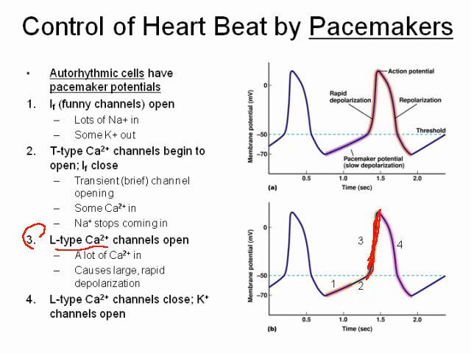This is due to the L-type calcium channel, L for large, because the conductance, that is the amount of flow of ions through these channels, is large. So a lot of calcium is going to come in through the L-type calcium channel. And again, this is phase 3 that we're showing here. This is going to cause a large, rapid depolarization. And then the L-type calcium channels start to close.